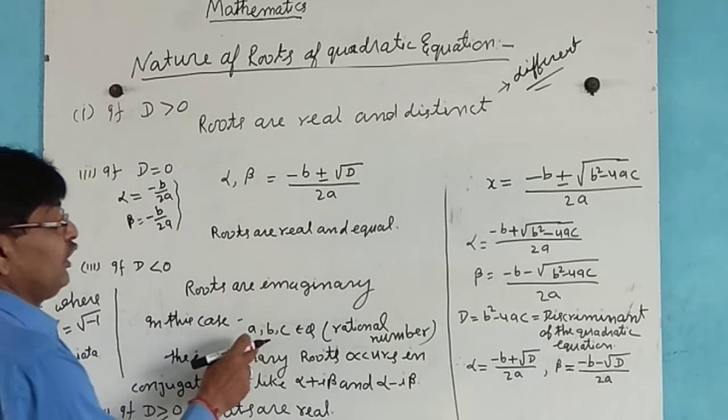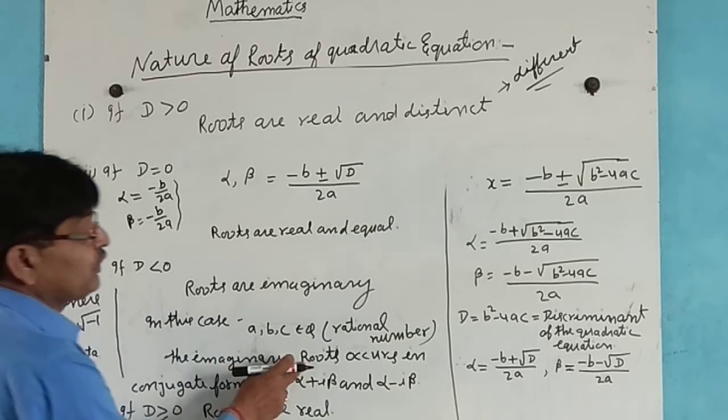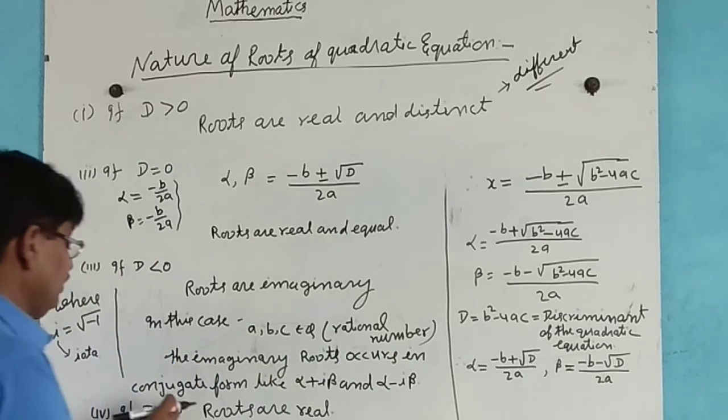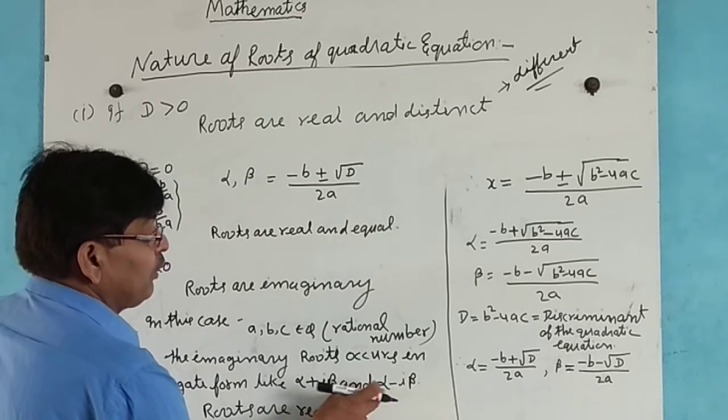In this case, if a, b, c belong to the rational numbers, the imaginary roots occur in conjugate form like alpha plus i beta and alpha minus i beta.